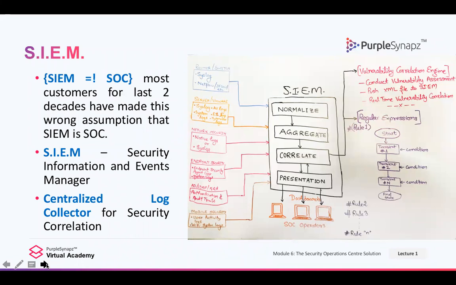Take the example we just discussed: the moment any user authenticates on Windows AD and the authentication fails, that is the start of a correlation. It will fire a correlation rule in the background that one failure happened from this IP address, and this failure should trigger a transient event.